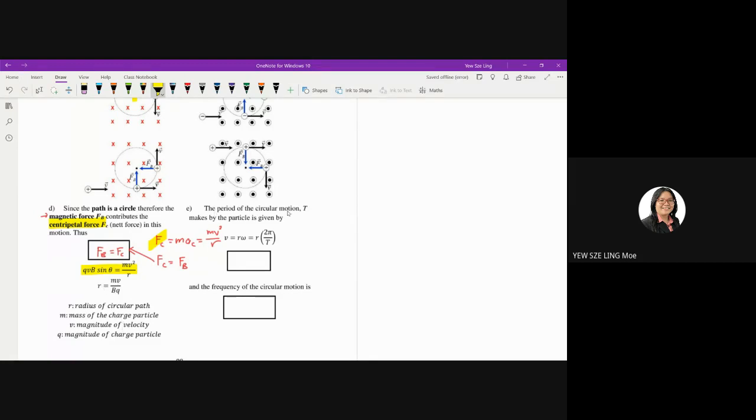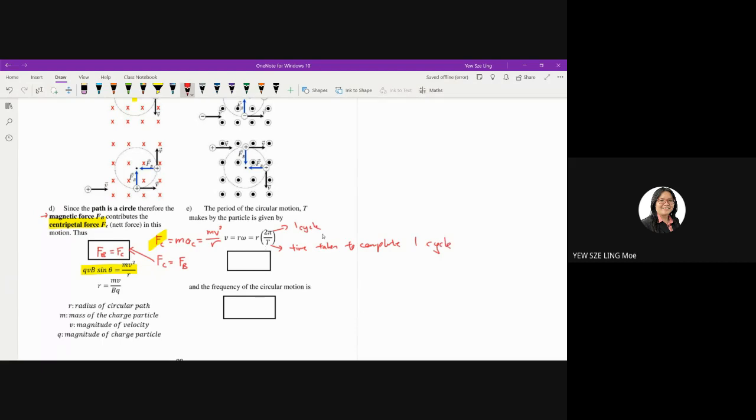Next, the period of the circular motion made by the circle is given by v equals r omega. One complete cycle is 2 pi. 2 pi takes time period, capital letter T. This is one cycle. Period is the time taken to complete one cycle.